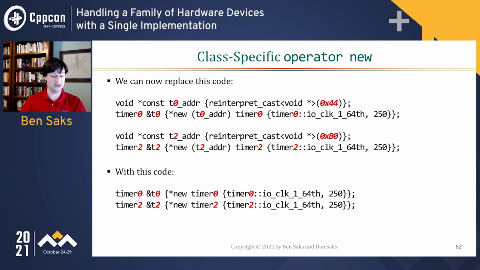And the way that this works is it calls the class-specific operator new function that's defined for those types, which goes and finds and uses the address specified in the traits types to figure out where they're supposed to go. It returns back a pointer to that location. The constructor builds the timer object in that location, using the same parameters that it did before.